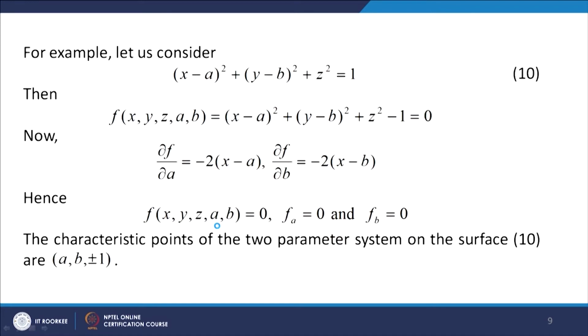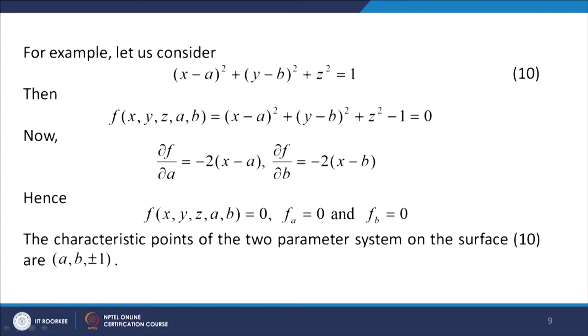Now, let us consider, for example, (x - a)^2 + (y - b)^2 + z^2 = 1. Then we can see this is a two parameter system of surfaces. So, here we consider f(x, y, z, a, b) = (x - a)^2 + (y - b)^2 + z^2 - 1 = 0.